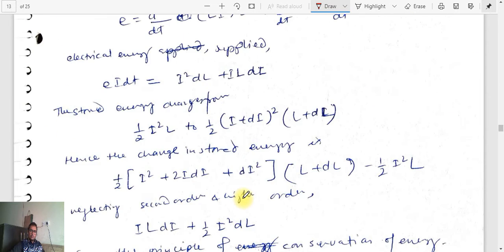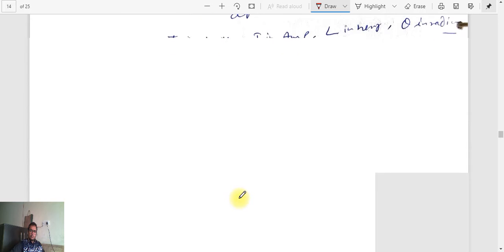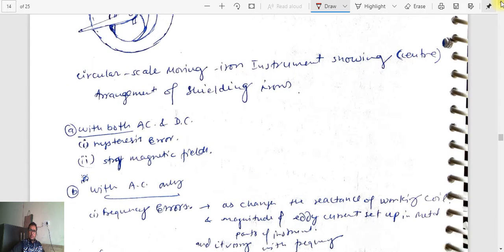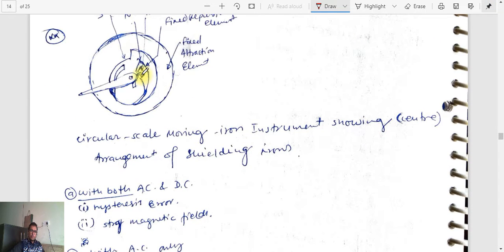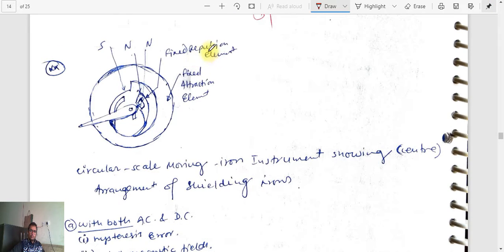This is the shape of the fixed repulsion element, and this is the fixed attraction element.